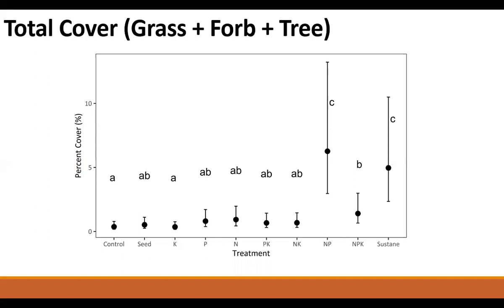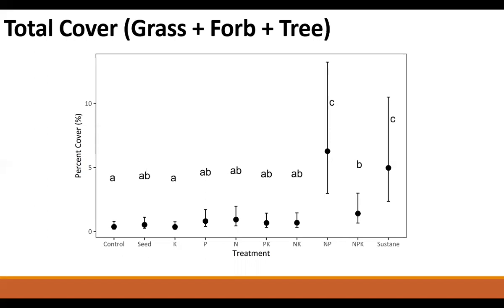If you see these letters, this A and this AB, this means they're not C. These three, our NP, our NPK, and our sustain treatments, are all significantly different than the control, meaning these treatments resulted in more plant cover with the addition of those fertilizer combinations than the control being left to its own.